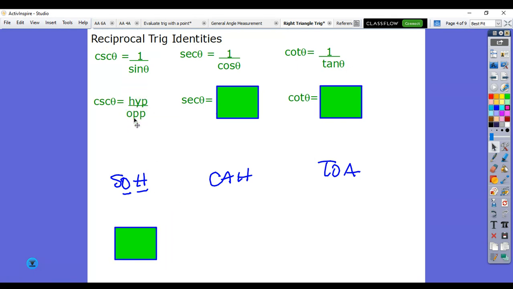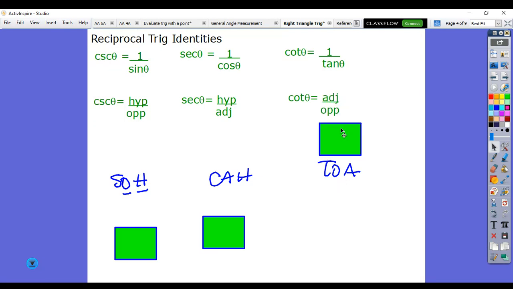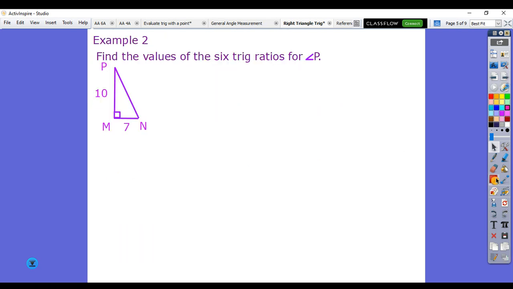H over O. So if cosine is A over H, secant is H over A. Tangent is O over A, cotangent is A over O. So what I always recommend: write sine theta, cosine theta, tangent theta this way and the reciprocals underneath, because then you can just flip them. Let me show you what I mean.